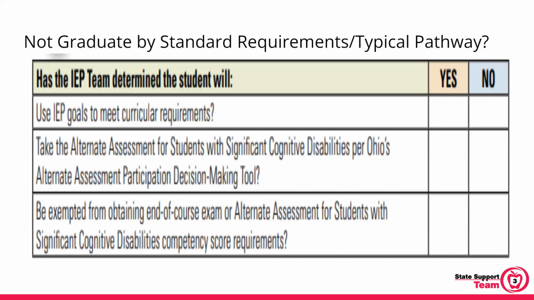But if a student uses IEP goals to meet curricular requirements, if the student is taking the alternate assessment, or if the student's exempted from obtaining the end of course exam scores or the alternate assessment, if any of those three are checked yes, then it is not possible for a student to graduate by the standard requirements or typical pathway.